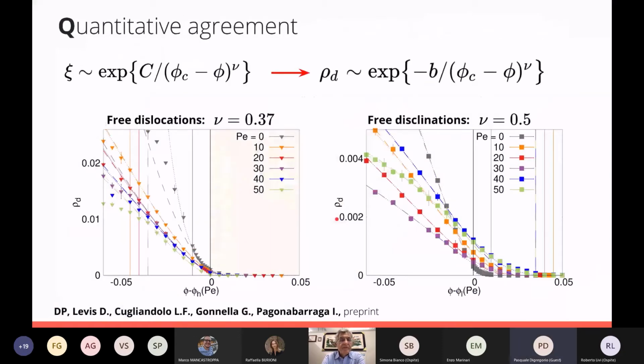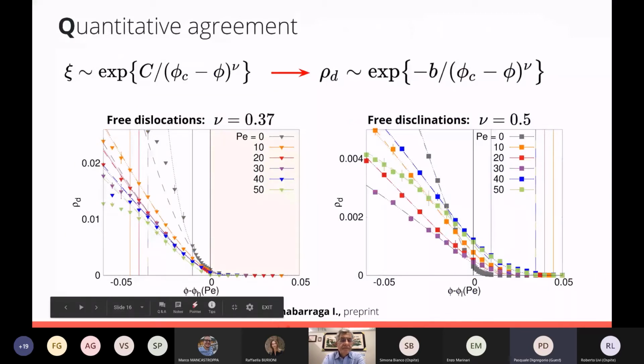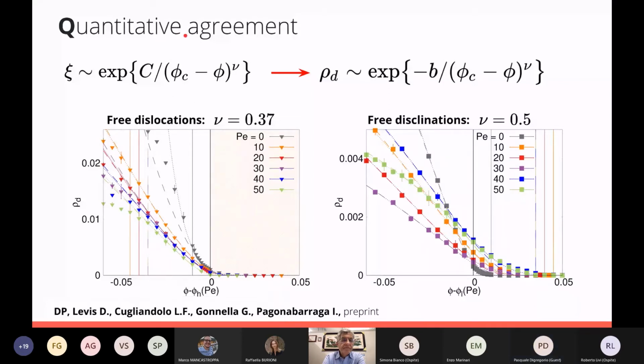Other than simply counting the defects, we can do even more. We can look at the way the number density of defects goes to 0 at the transition. From the Kosterlitz-Thouless theory, we have a theoretical prediction of the form of the critical divergence of the correlation length for the two different phase transitions.